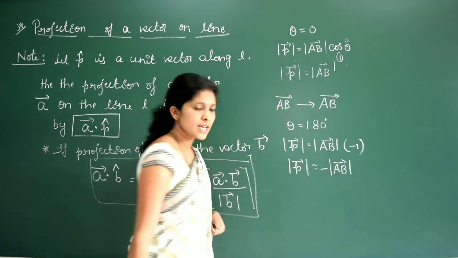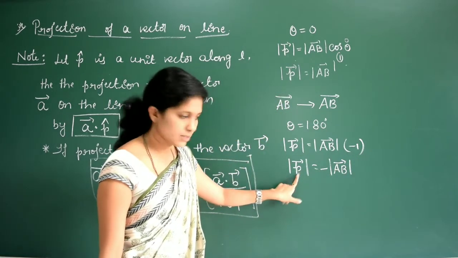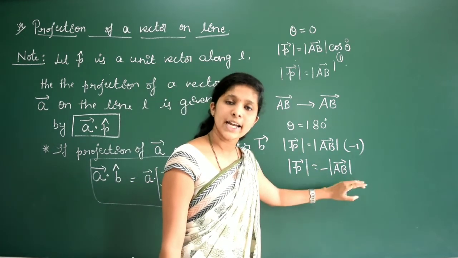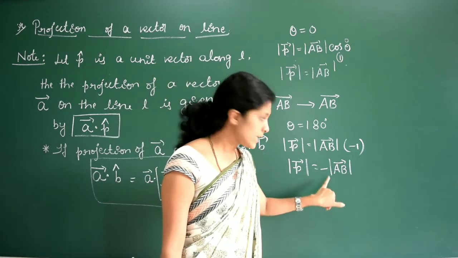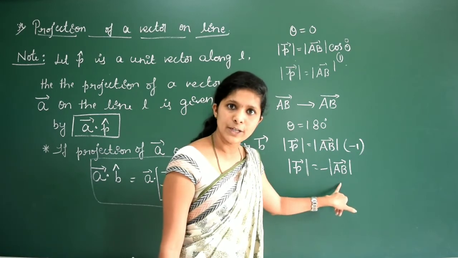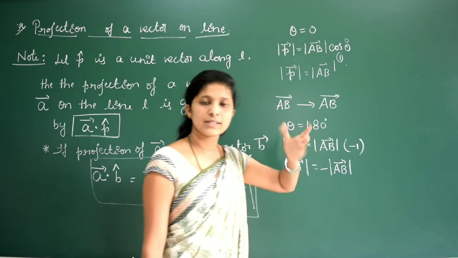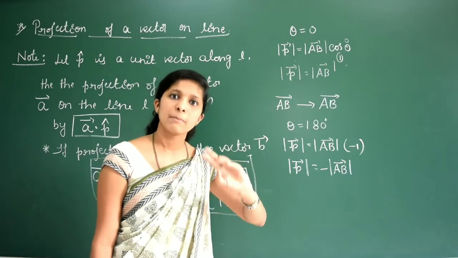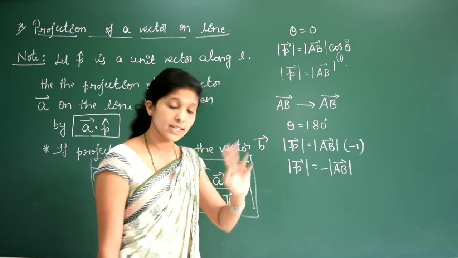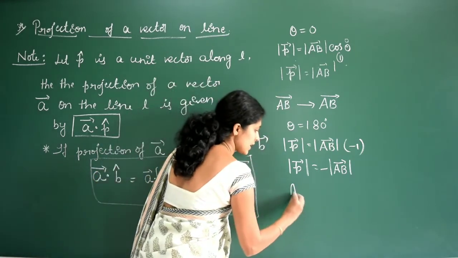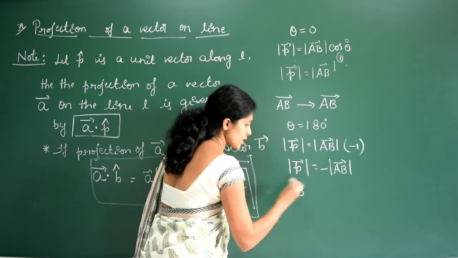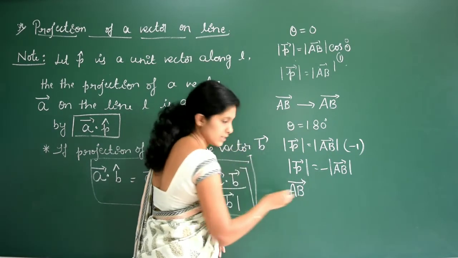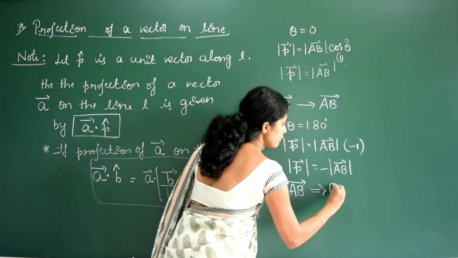That means the magnitude will be the same, only negative means the direction will be different. Whenever we have the negative of a vector, the magnitude of the two vectors will be the same, but the direction will be opposite. So in this condition, the projection of AB vector is BA vector.